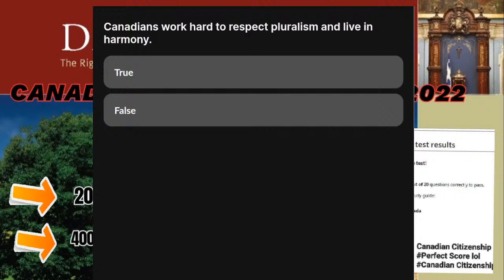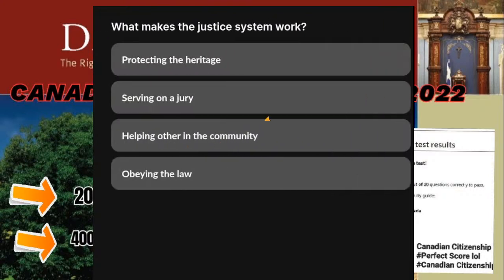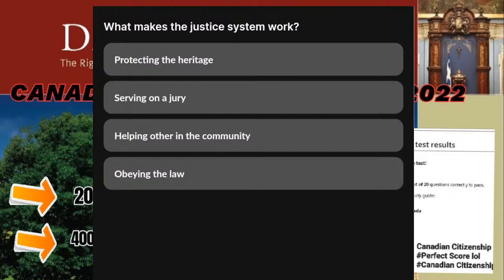And the answer is it's true. Next question. What makes the justice system work? A, protecting the heritage, B, serving on a jury, D, helping others in the community, C, obeying the law. And the answer is it's B, serving on a jury.